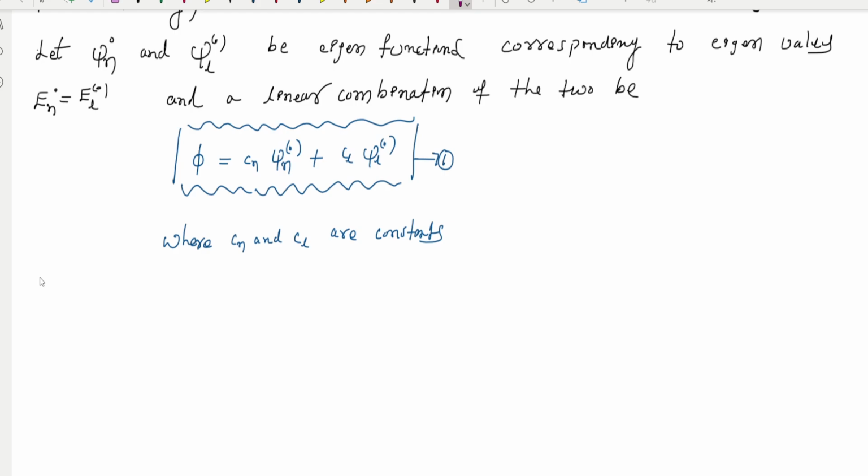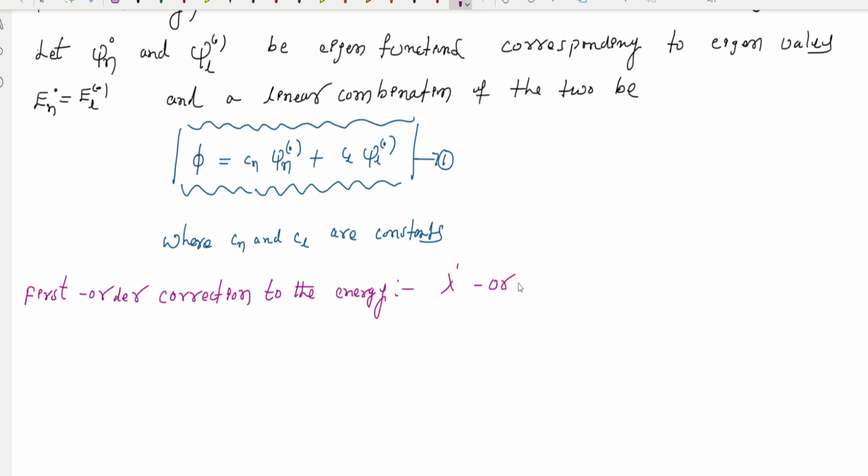Up to the first order correction energy level is what I can go. So the first order correction to the energy, that means lambda power 1 order.